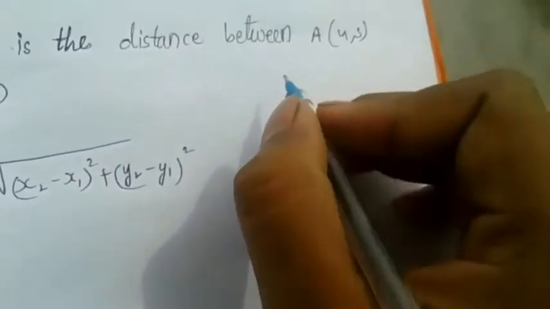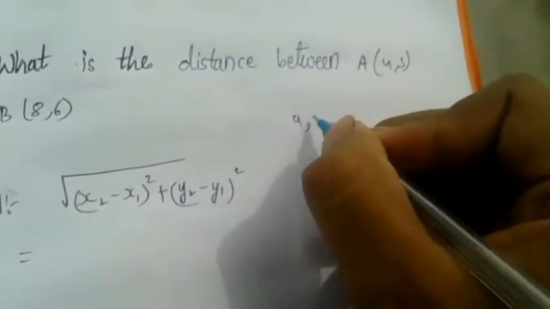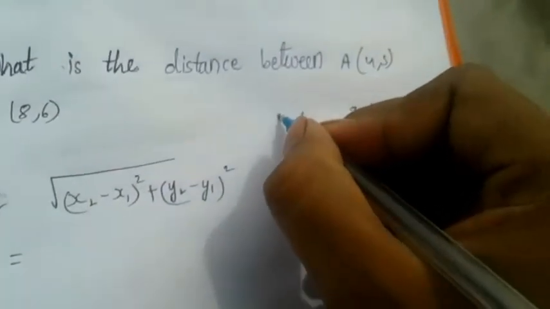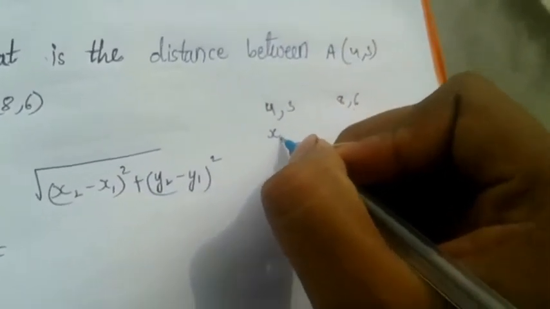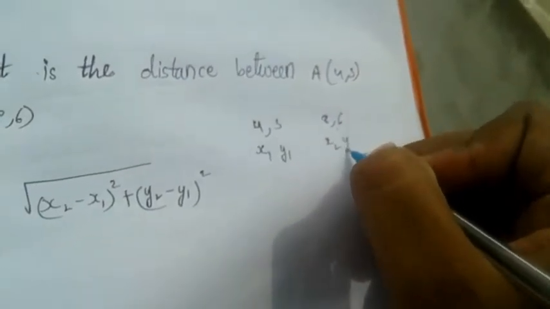So now we have to substitute these values. A means 4 comma 3, and B is 8 comma 6. So here this 4 is x1, 3 is y1, 8 is x2 and 6 is y2.